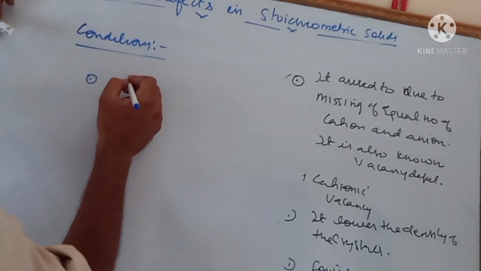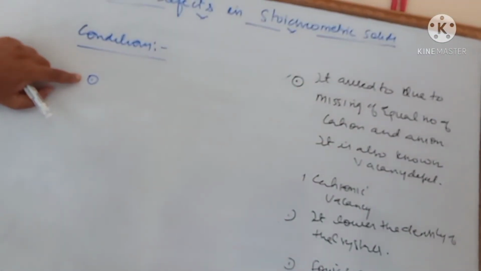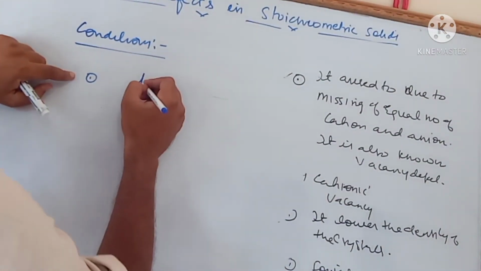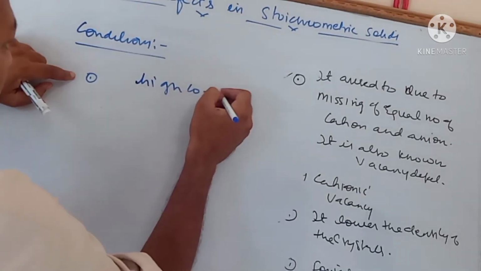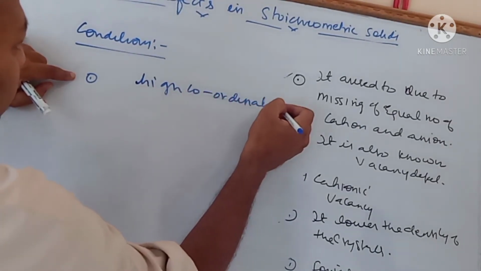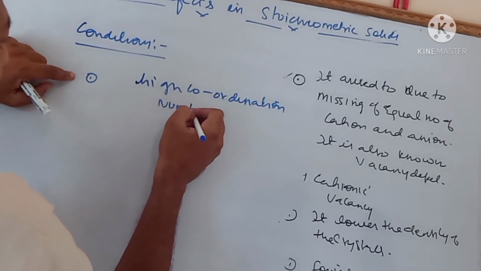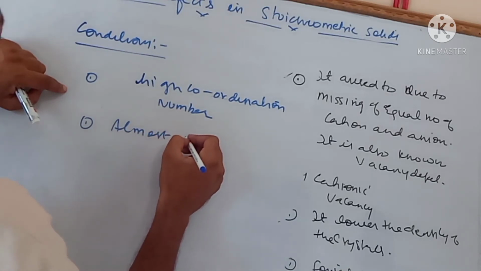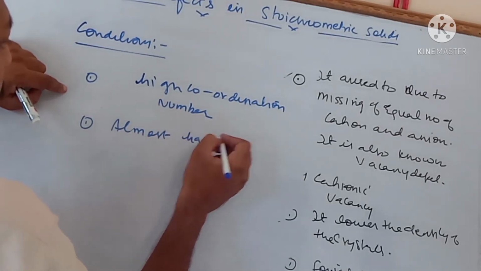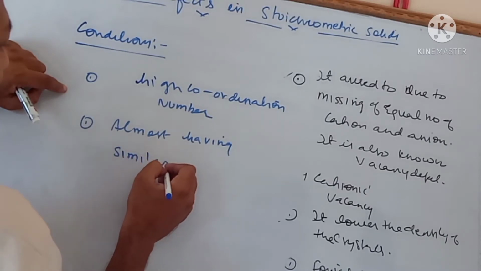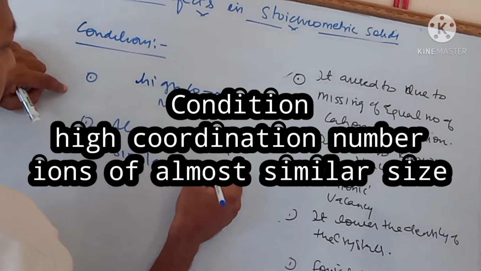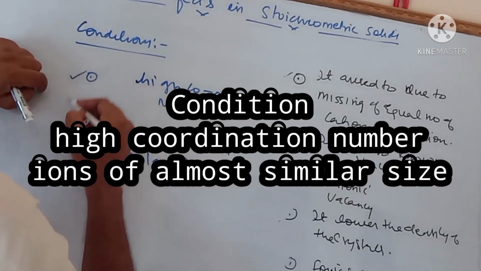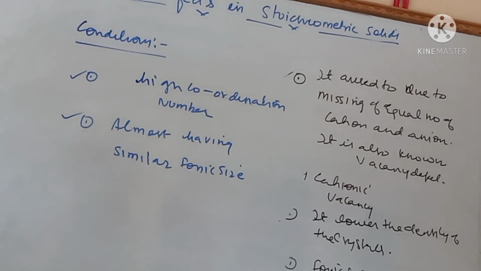Number one, high coordination number. And second condition, almost having similar ionic sizes. Okay, so these are the conditions causing Schottky defect.